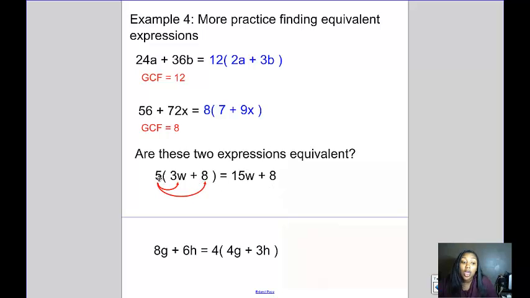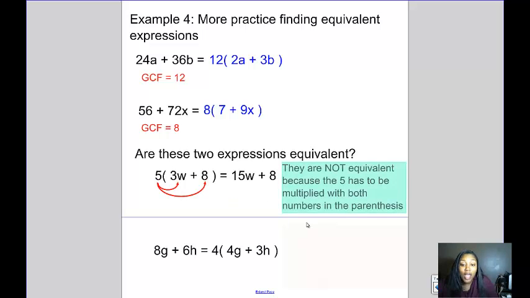Well, 5 times 3w is going to give me 15w, and then 5 times 8 is going to give me 40. So these are not equivalent expressions because you have to multiply the 5 with both of the terms, and it looks like this person only multiplied the 5 with the first term, so they are not equivalent expressions.